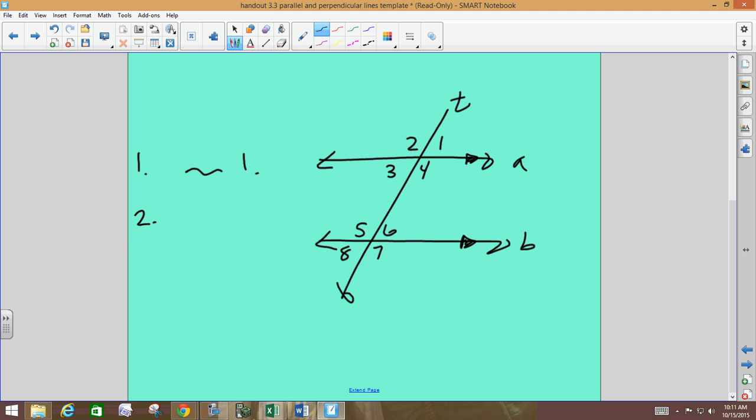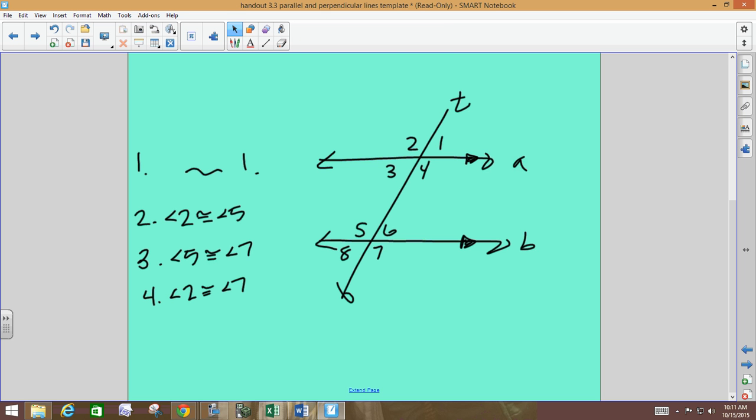And then you maybe said angle 2 is congruent to angle 5. Why? Corresponding angles. And then you said angle 5 is congruent to angle 7. Why? Vertical angles. Since 2 is congruent to 5 and 5 is congruent to 7, what does that say about 2 and 7? They would be congruent by substitution. Not wrong. Correct. But since these lines are parallel, how would you classify 2 and 7? What do we know about alternate exterior angles?